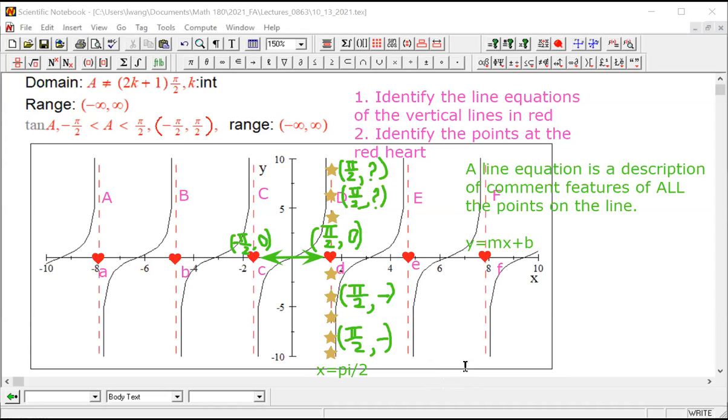You follow me? So now, if you understand what I just talked about, can you give other points according to the domain we have there and give me the line equations for A, B, C, E, F? Can you do that? Can you draw a tiger out of a cat?